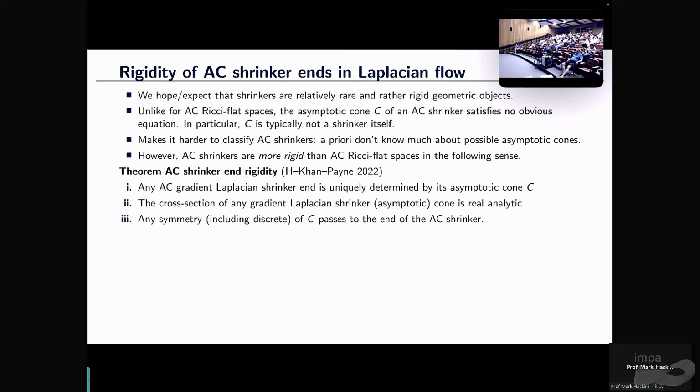Then secretly, the cross-section has some extra structure: the cross-section of any cone of such a shrinker is actually real analytic. And then there's a certain amount of structure that is inherited. So if you have a symmetry of the cone, including discrete ones, then they in fact pass to the end of the shrinker.